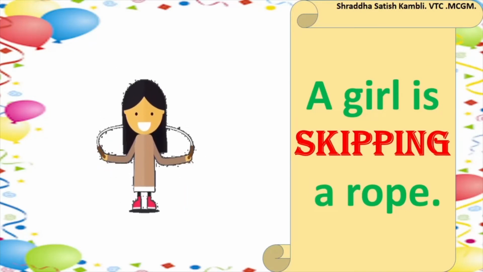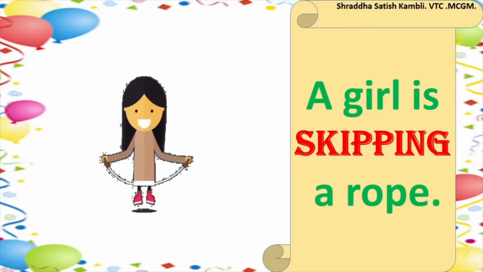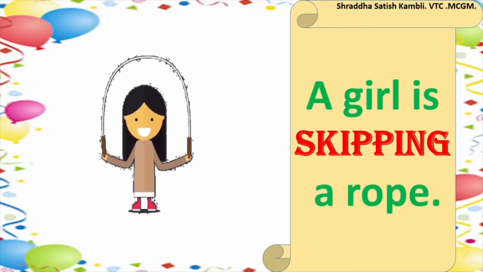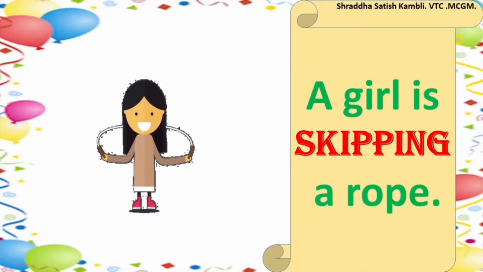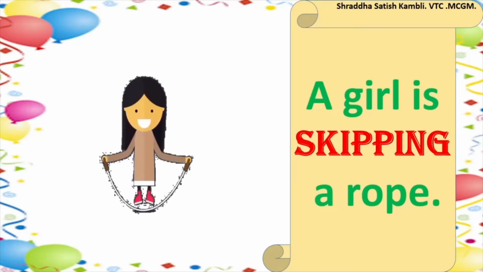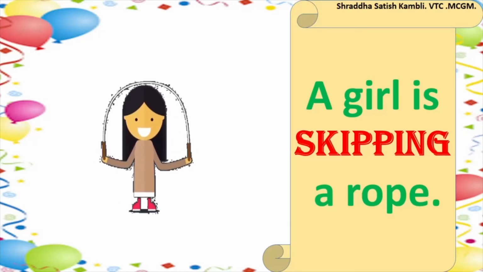What is she doing? She is skipping a rope. See the spelling of skipping? S-K-I-P-P-I-N-G. Skipping. A girl is skipping a rope.